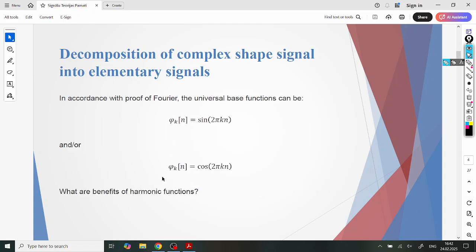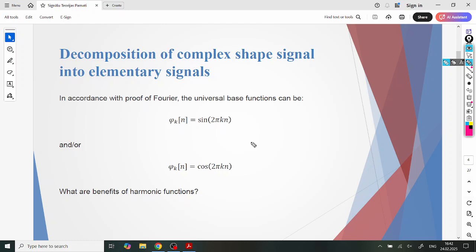So in our situation, we can use a sine harmonic wave or in fact cosine. And as we will see in the next practical exercise, the majority of signals will consist of both of them. Only some very specific shapes are composed out of just a sine wave or just a cosine wave. Well, that's actually not difficult to prove.